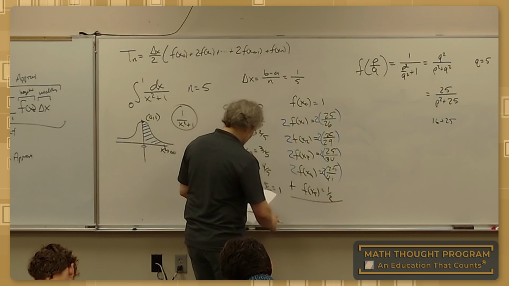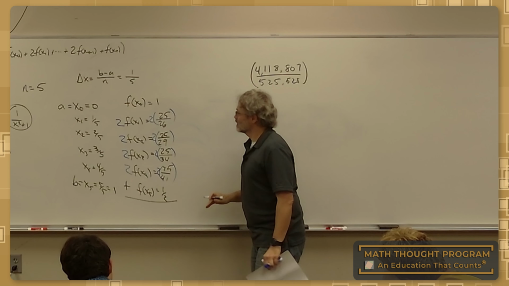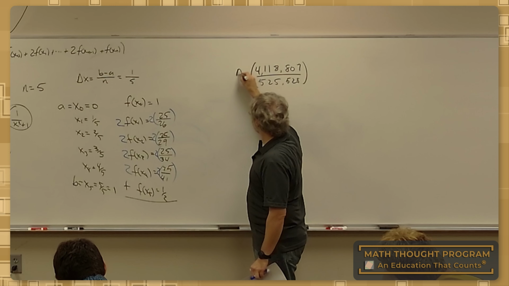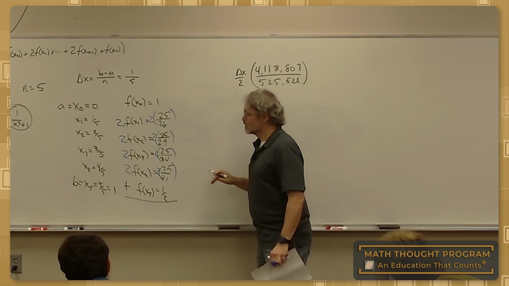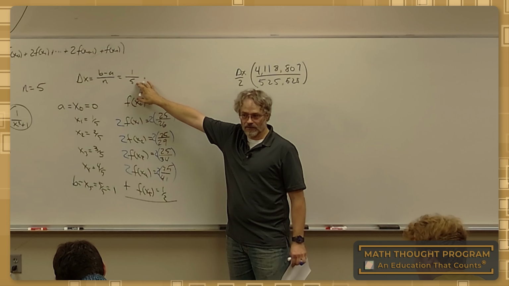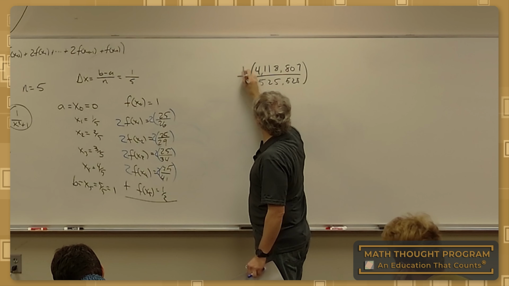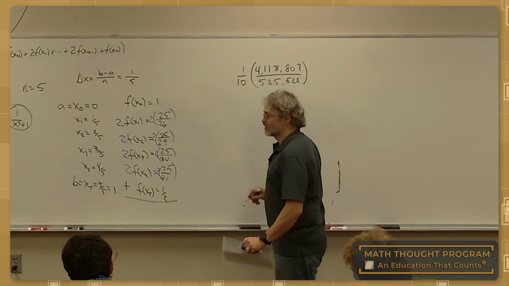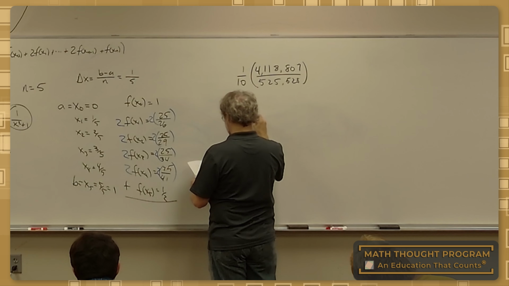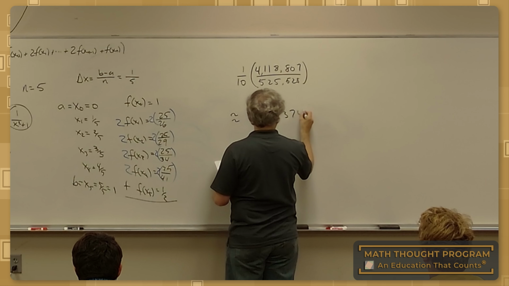Now, if you were to add everything up, this is what you're going to come up with. Multiply it by delta x over 2. Delta x was 1/5. So this part now becomes 1/10. So you get approximately 0.783746.